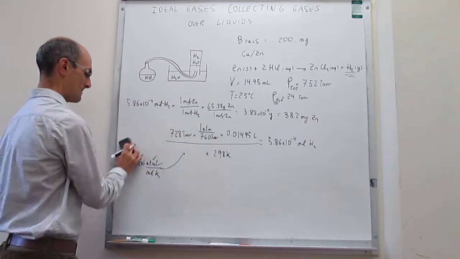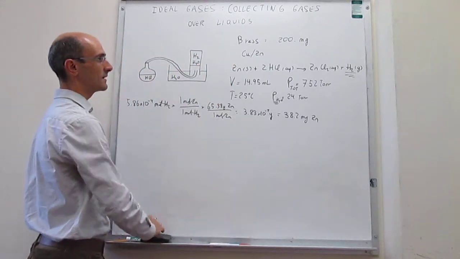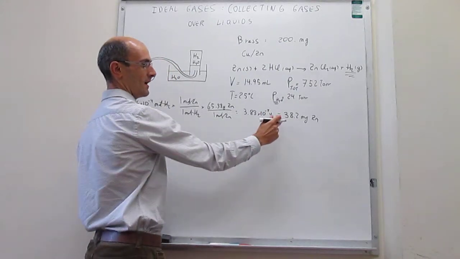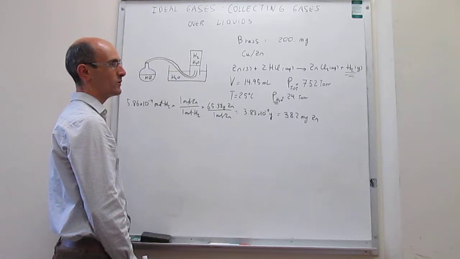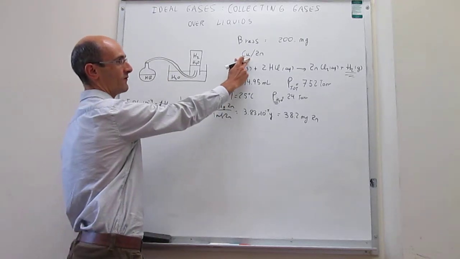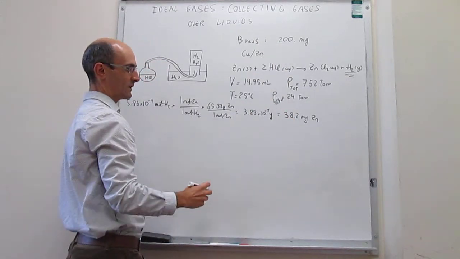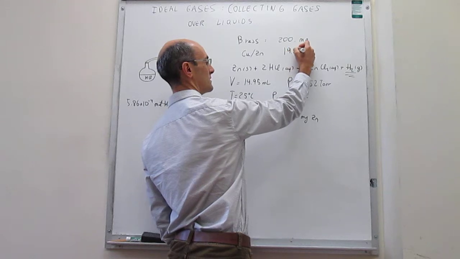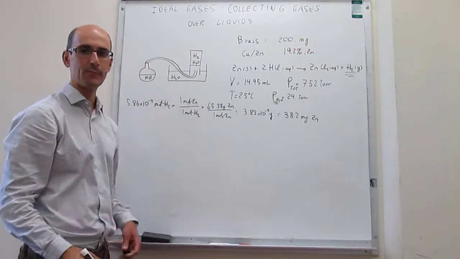Well, then we can figure out how much of the brass is zinc. The total mass of brass is 200 milligrams, and the mass of zinc is 38.2. Most of the brass happens to be copper, right? Very little is zinc. We can take the ratio of these numbers, multiply by 100% to find out that 19.2% of the brass happens to be zinc.